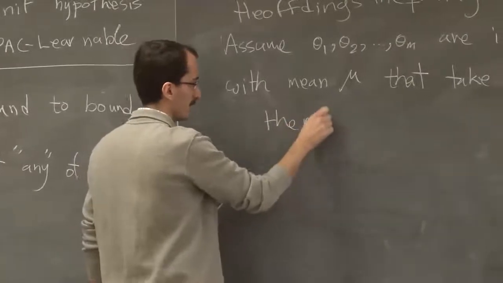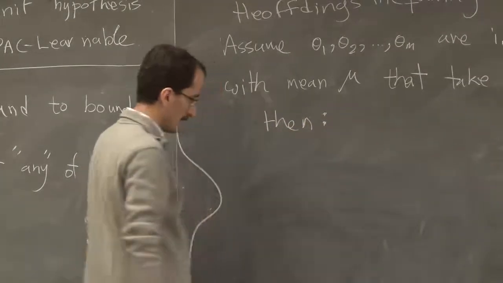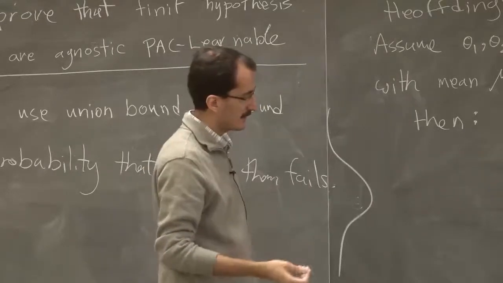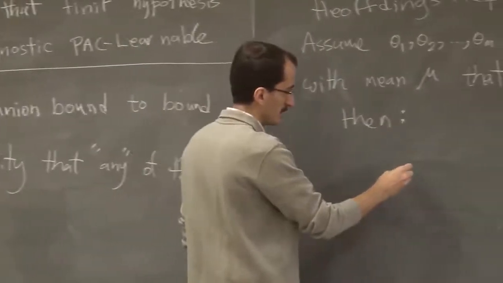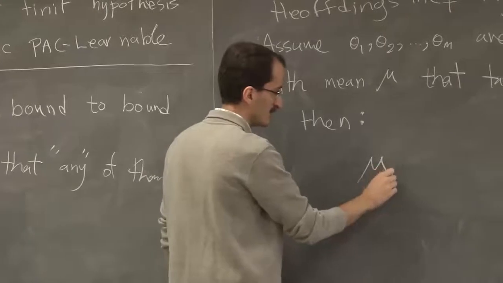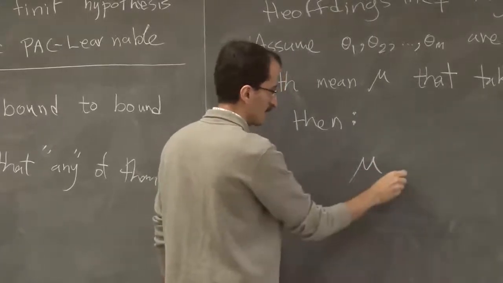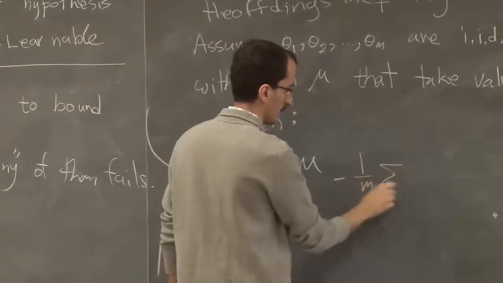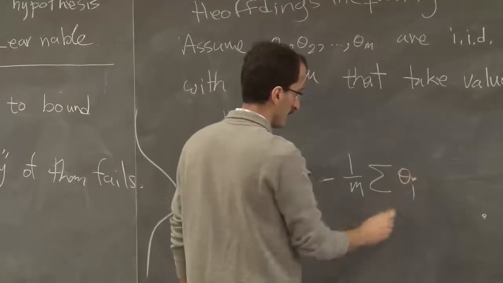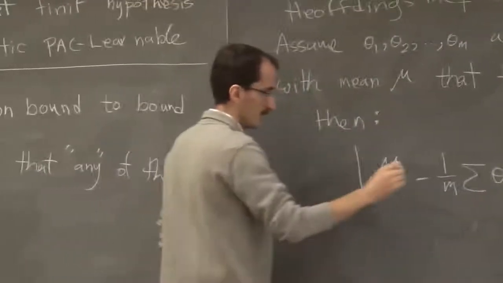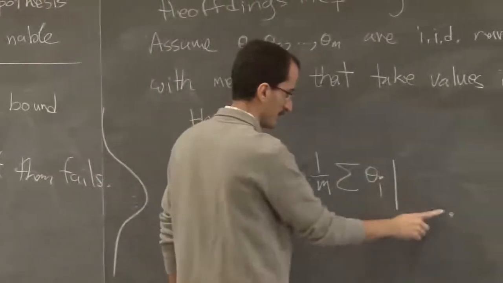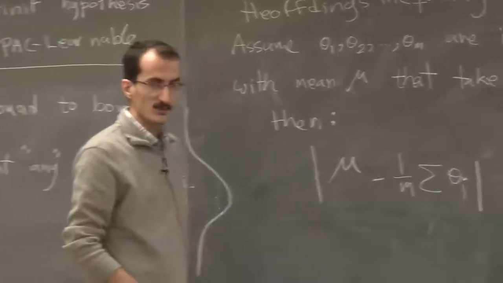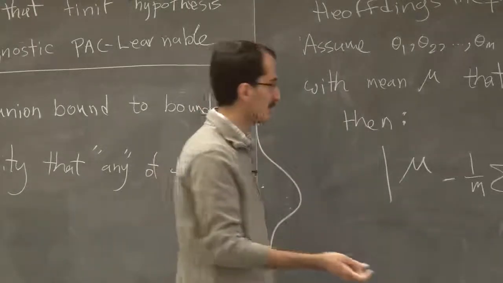Then that's the main result. Then the empirical average is close to the true average. So I can write that the true average is close to the empirical average. True average and empirical average are close. So let's put some epsilon here.